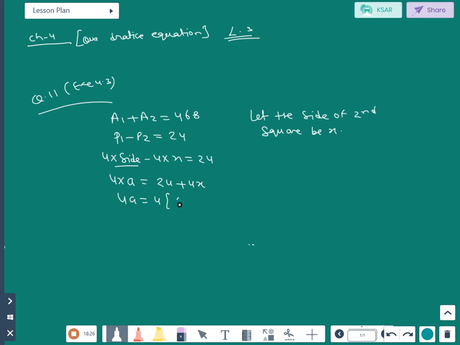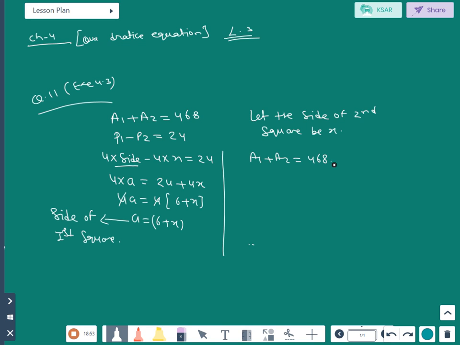4 is common, 6 plus x, 4 cancels out, a is equal to 6 plus x. So what is a? The side of the first square. Now A1 plus A2 is equal to 468.